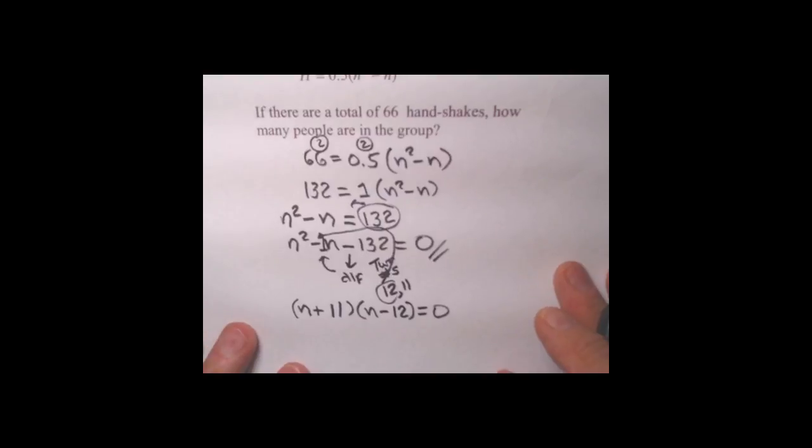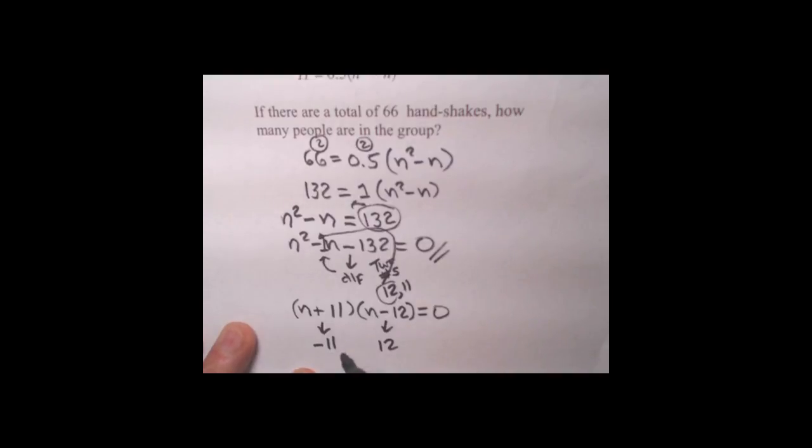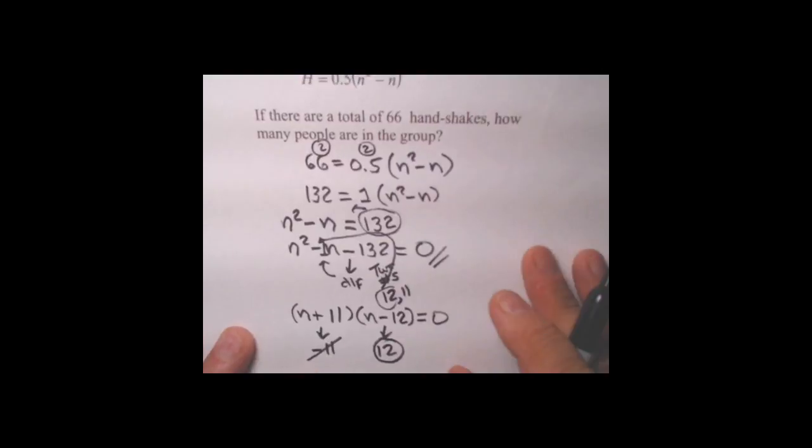Now, here we go. What are the roots? I get negative 11 right here, and I get positive 12 on this one. You're certainly not going to have negative 11 people shaking hands, so you know that this one can't be it. So how many people are in the group?